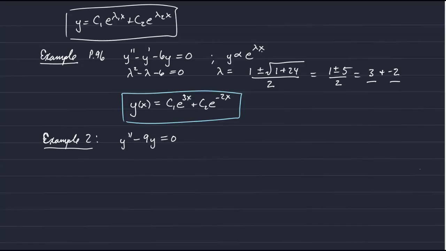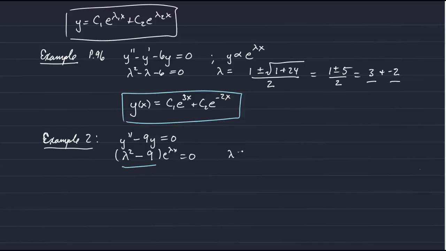If we substitute e to the lambda x into here, the second derivative gives us a lambda squared. And then we have 9 times e to the lambda x. And the e to the lambda x's are right here. So our characteristic equation is lambda squared minus 9.